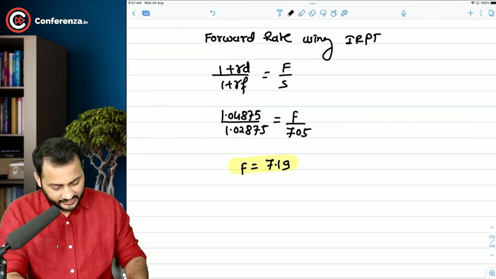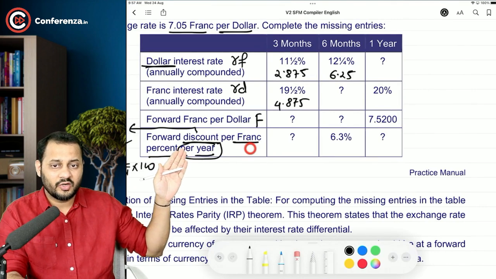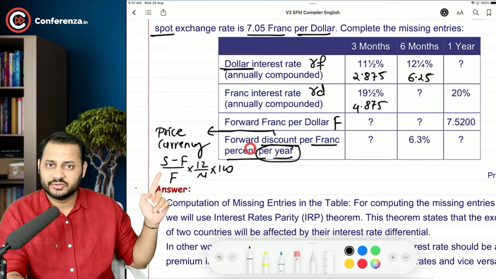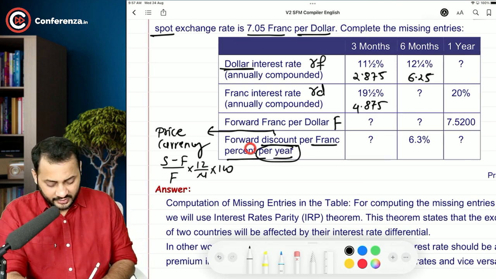Now the second part. They have asked for the forward discount on the franc. Only 2 formulas have to be used in this entire question.